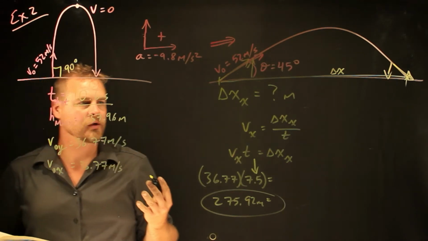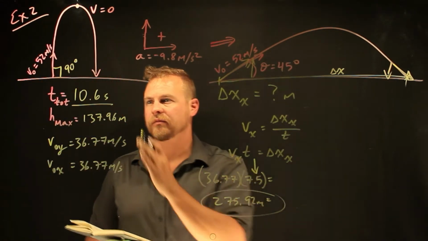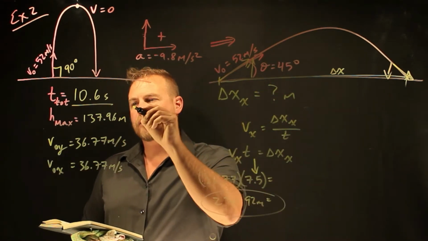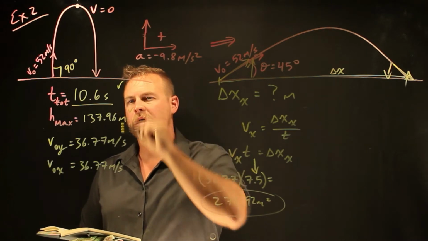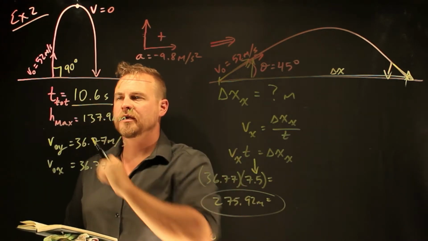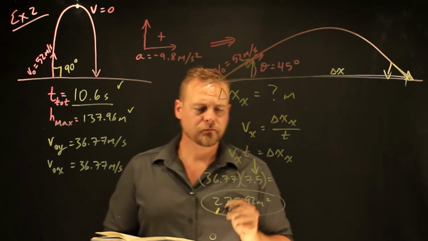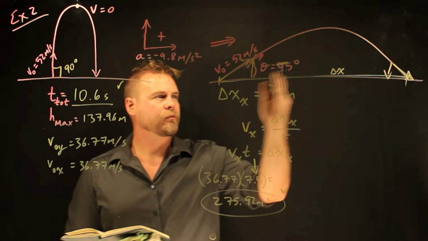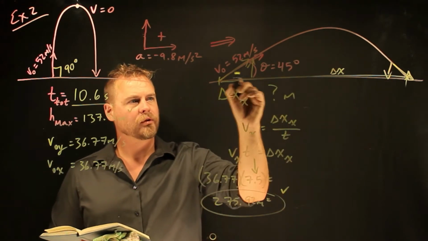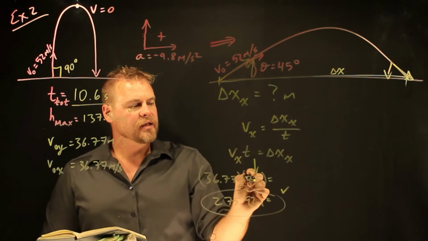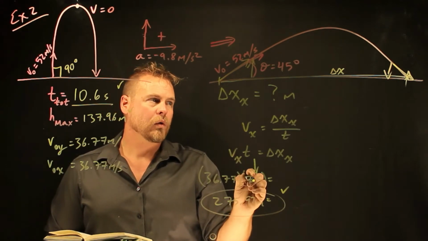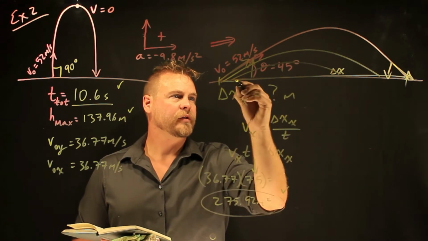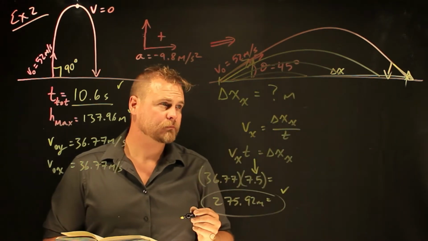So there's some rules here that we can pull out of this example of a vertical launch and a 45-degree launch. The maximum amount of height and the maximum amount of air time come from a steep launch angle. The maximum distance that you can get comes from a 45-degree angle, because if I dropped below a 45-degree angle, I would eat into this air time even more, and I would have trajectories that would end up falling shorter and shorter and shorter.